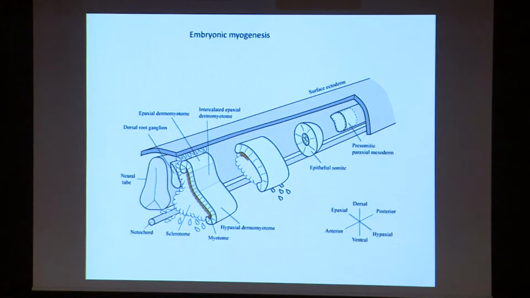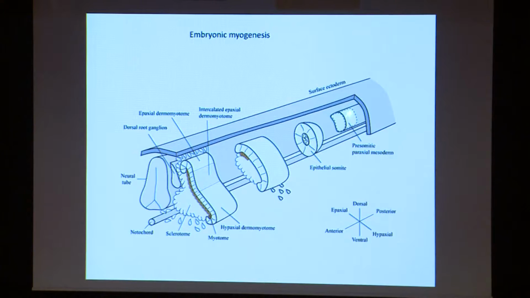Anyway, so I'm going to get into some embryogenesis, and then just mention a few facts. This is the axis of the embryo, and what is schematized here is the neural tube, this big thing in the center.